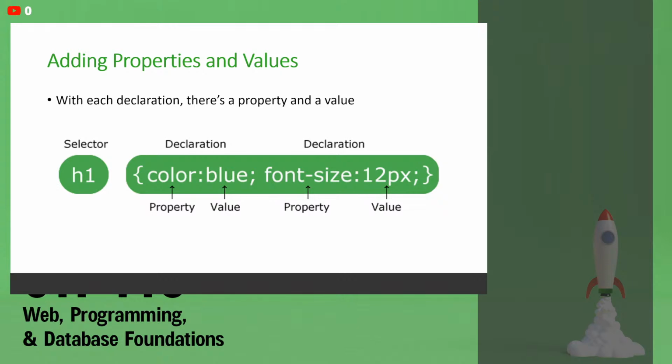And we can put as many declarations inside of that declaration block as we want to, right? As we need to apply to that particular selector element, whatever we're selecting. And each of those declarations has a property and a value for that property. And every CSS rule is written the exact same way. The only thing that varies is the property and the accompanying value of said property.